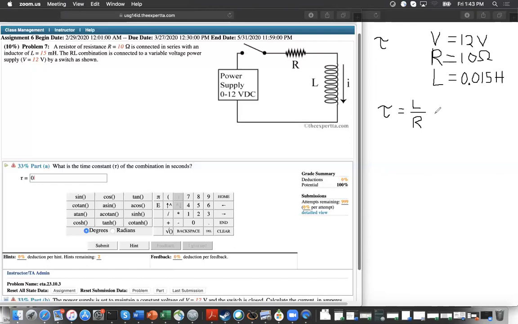Yay, that's perfectly reasonable. And so all we have to do is sub in the numbers for these two things and figure out what the time constant is.